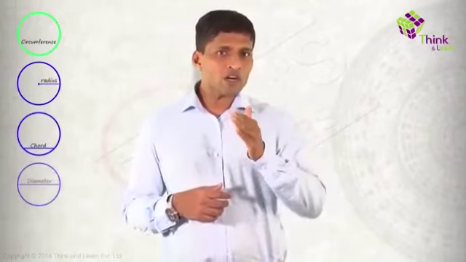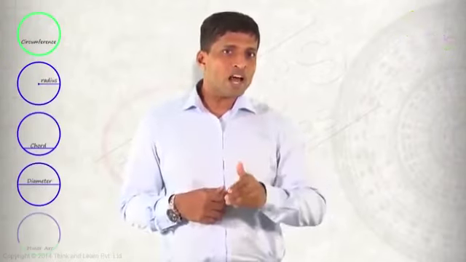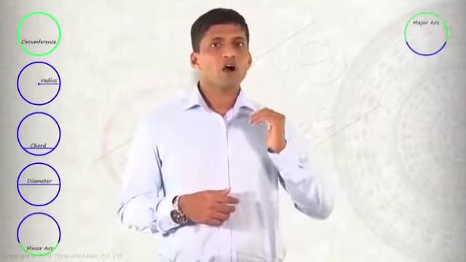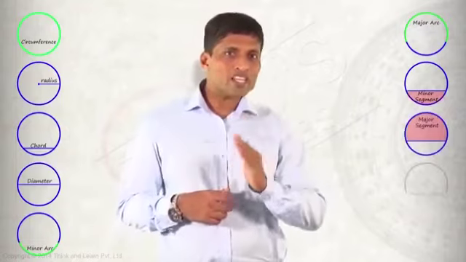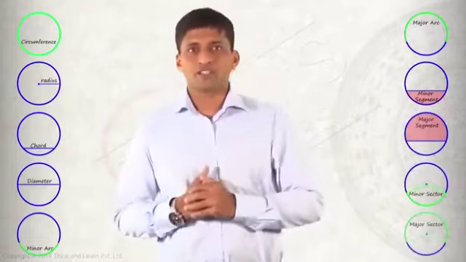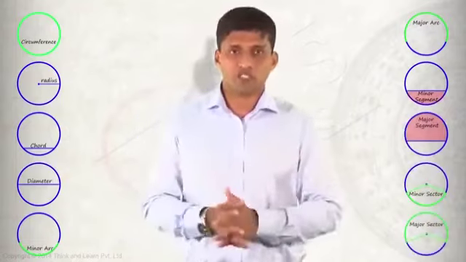So very simple, right? Just see this once more. Circumference, radius, chord, diameter, minor arc, major arc, minor segment, major segment, minor sector, and major sector. Very simple, right? It's just revision.